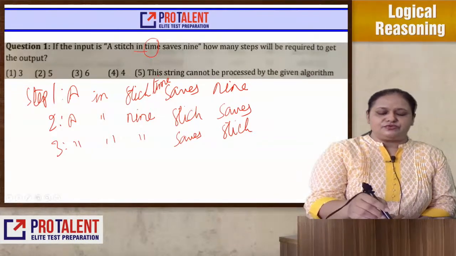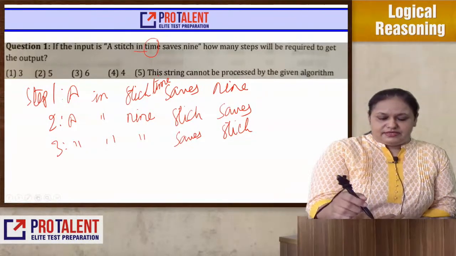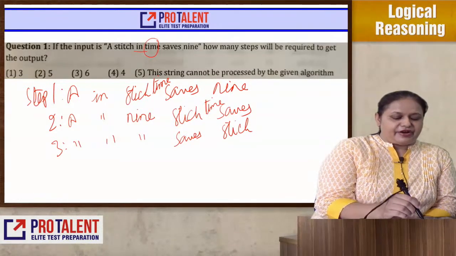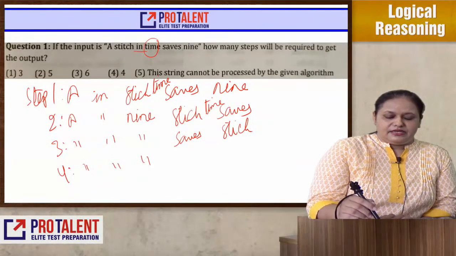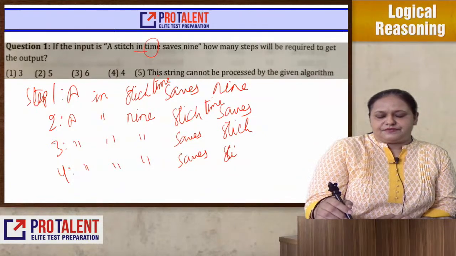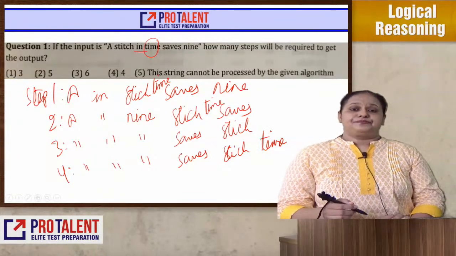So anyways, this word would have come. In that case, time would have been here, and hence it will require 4 steps. A, IN, 9, saves, stitch, time.